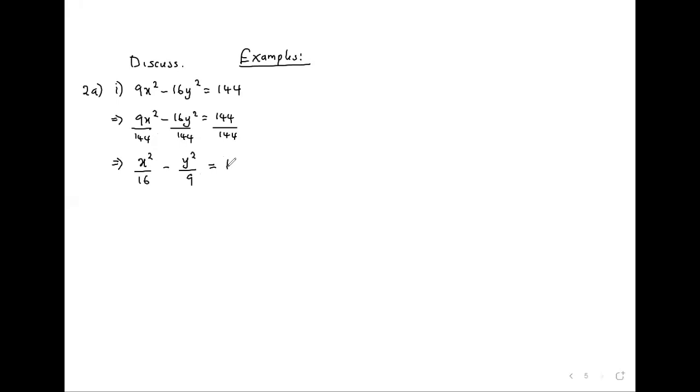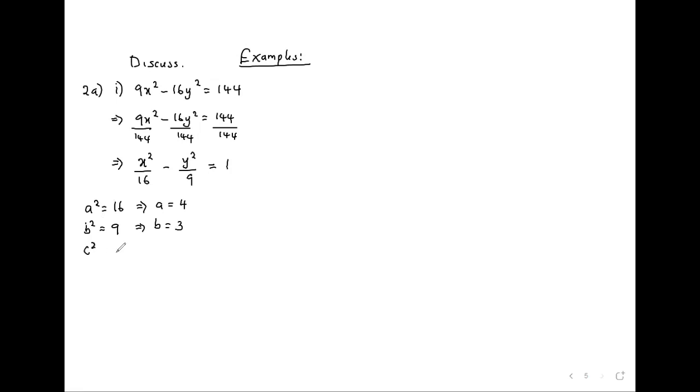And then when we have this structure, our a squared is equal to 16, and our b squared is equal to 9, telling us that our a is equal to 4, and our b is equal to 3.